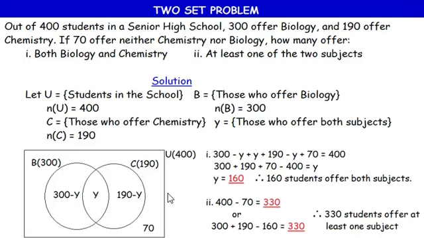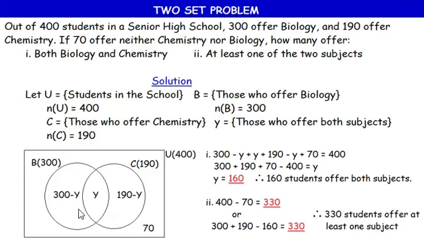So it means that you shouldn't ask this student what subject do you offer and then this student will say none or neither. This student must offer either one of biology or chemistry, right? So what this question is asking you to find is just add up the three regions. So add up everything in the two circles. So add up region 1, region 2, and region 3.